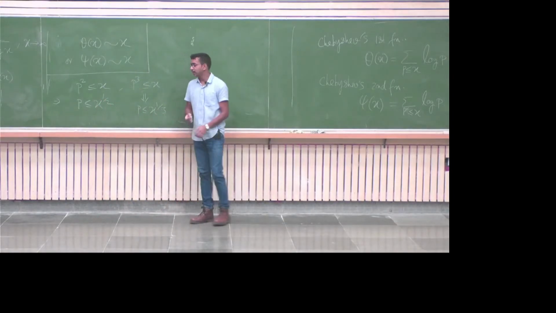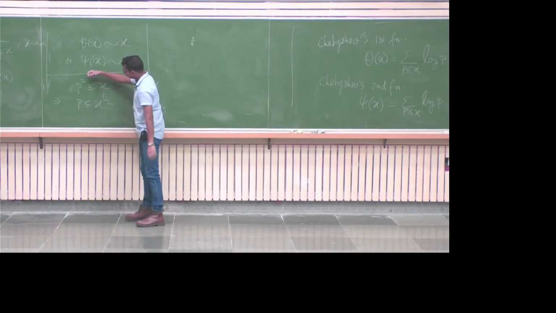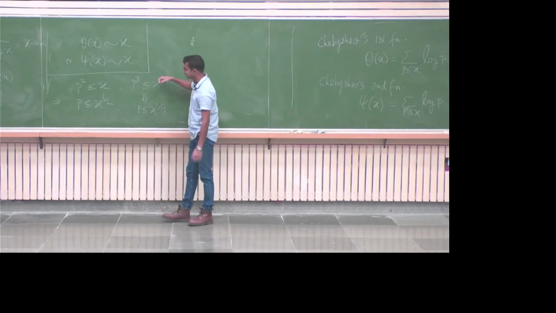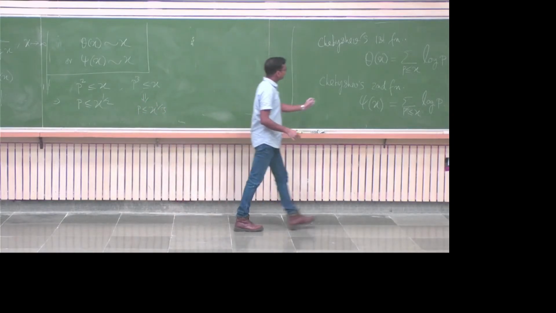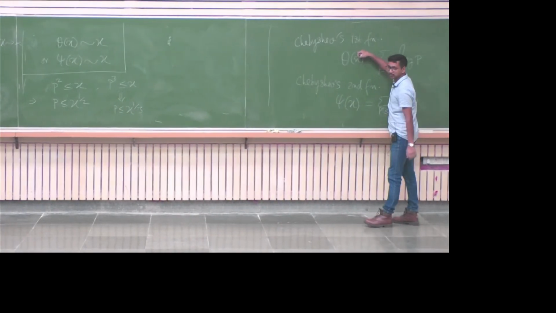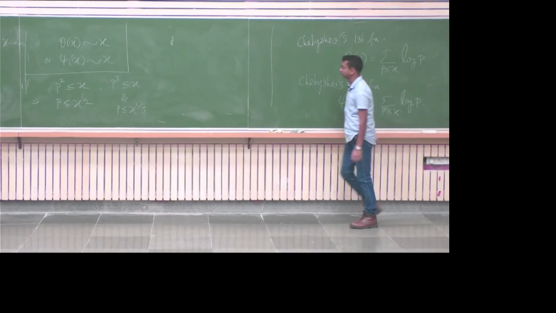So such primes, whose square is less than or equal to x, or cube, or kth power is less than or equal to x, those will be counted in theta of root x, or theta of cube root x, or theta of x to the power 1/k.